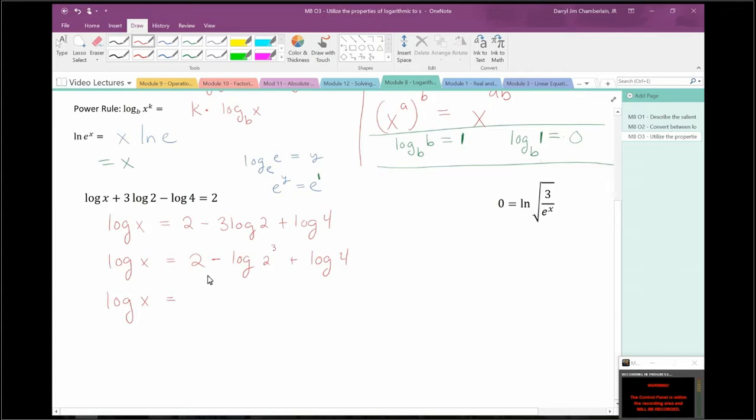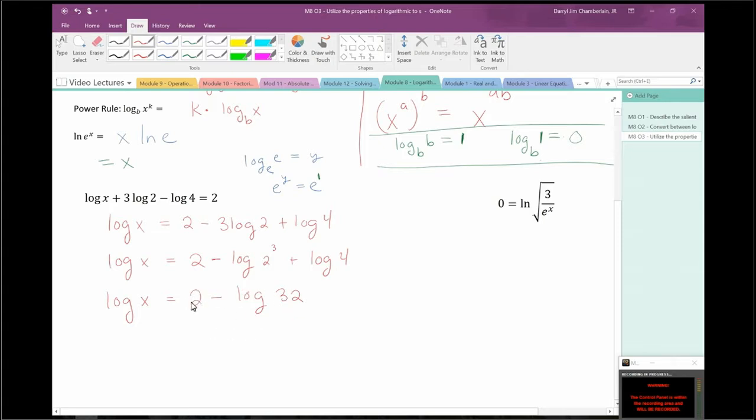We could also combine these 2 pieces to be 2 minus log of 8 times 4, which should be log of 32. And now remember, this is some number.